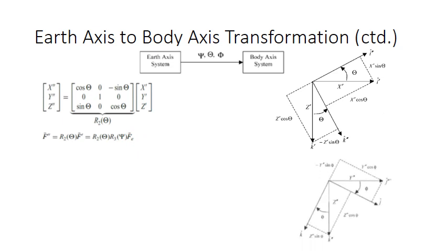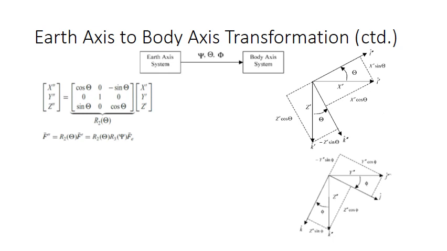Finally, we will rotate the vector f double dash through some roll angle phi about the x double dash axis, which is perpendicular to the screen, also inside the screen.